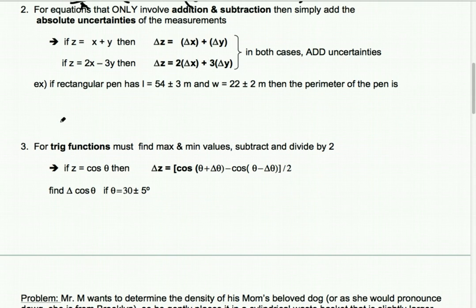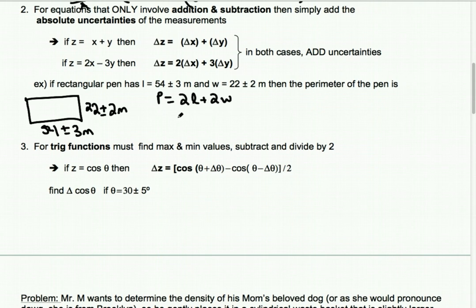So if a rectangular pen has a length, okay, so there's our pen, of 54 plus or minus 3 meters, and it has a width of 22 plus or minus 2 meters, then the perimeter of the pen is 2 times the length plus 2 times the width.